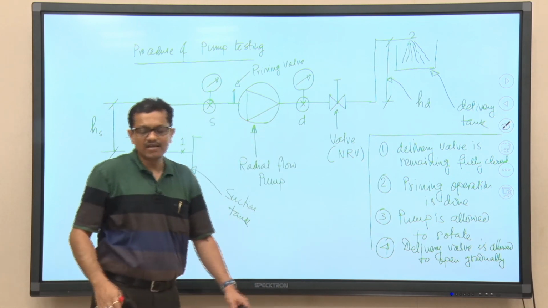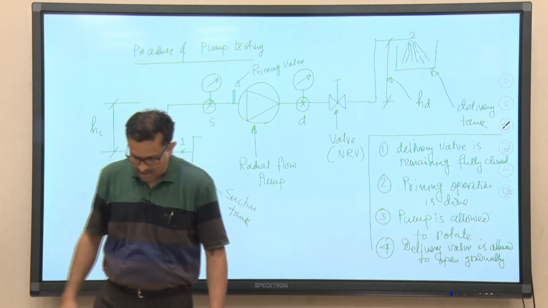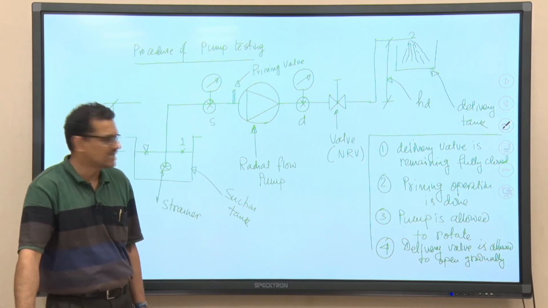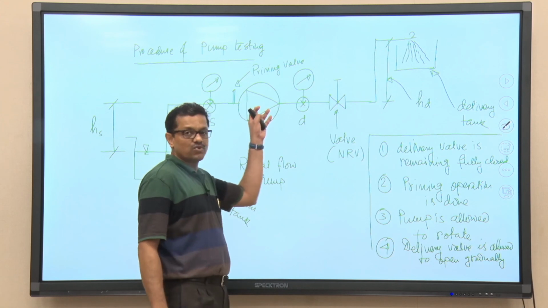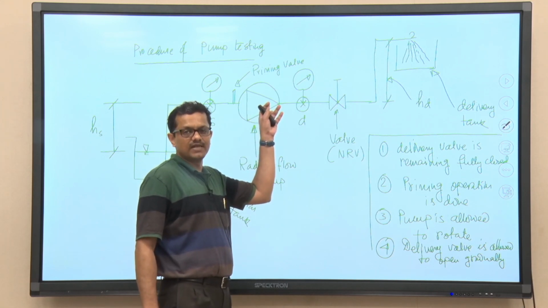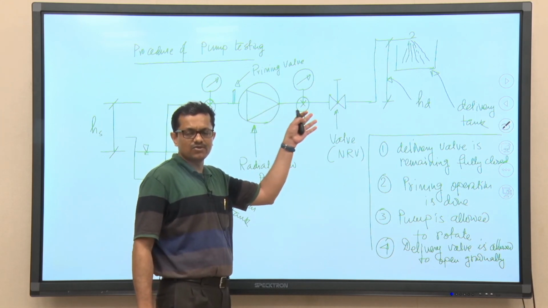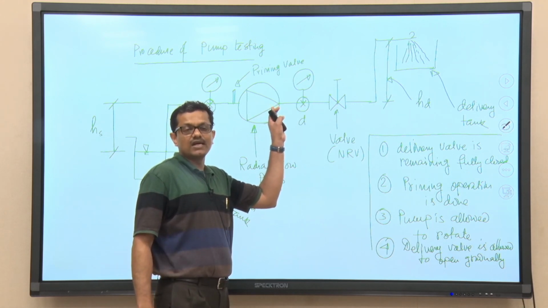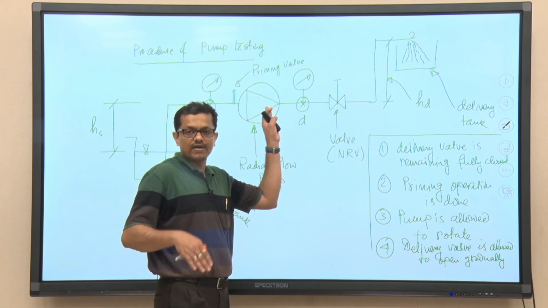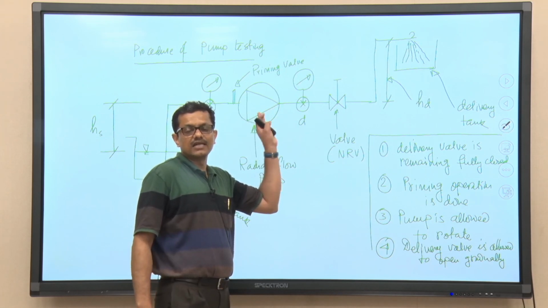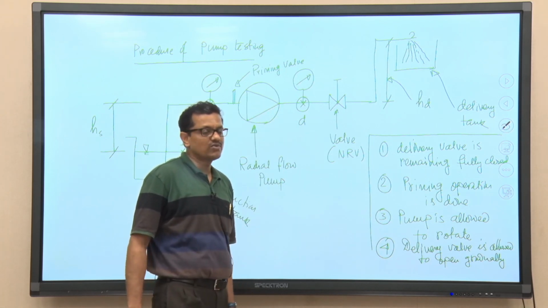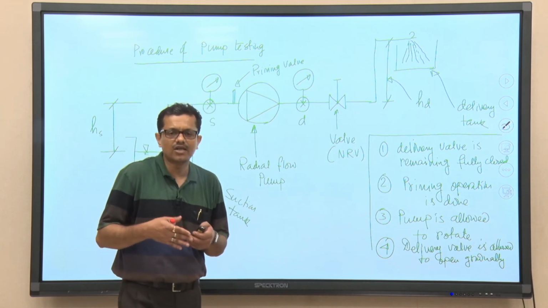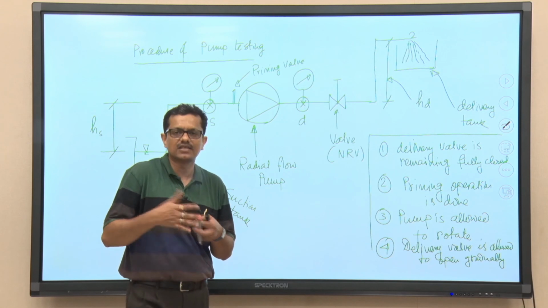Now, when the delivery valve is closed, the speed will be different than the rated speed. So, basically if we allow the pump to rotate at say 1450 rpm, but when the valve is closed, that speed will be different, but I need to calculate these hydraulic parameters at the rated speed. So, we can apply the affinity law, which I will be discussing in a separate class.